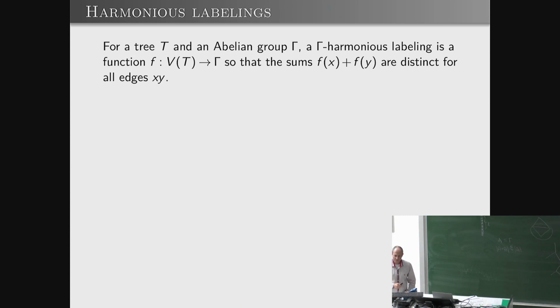So you want to assign elements of the group to the vertices such that all n minus 1 sums are distinct, since a tree on n vertices always has n minus 1 edges. Of course, how small can this group be? It should be of size at least n minus 1, because there are n minus 1 distinct numbers you want to get.